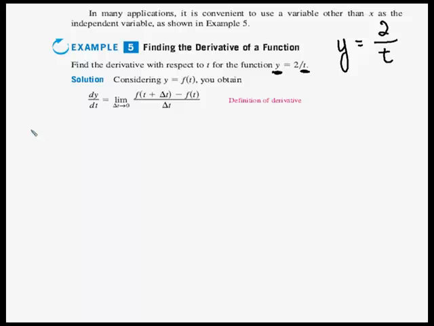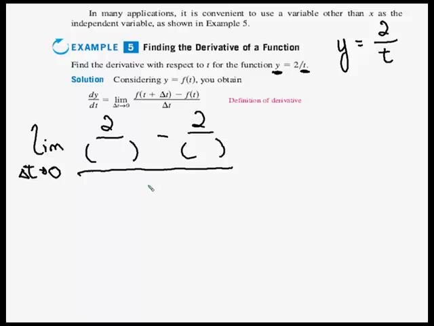So let's see here. The limit when delta t approaches 0 of, well, we're going to take our function, we're going to have 2 over something minus 2 over something, all divided by delta t. And what goes in those parentheses? Well, in the first one, it's going to be t plus delta t.